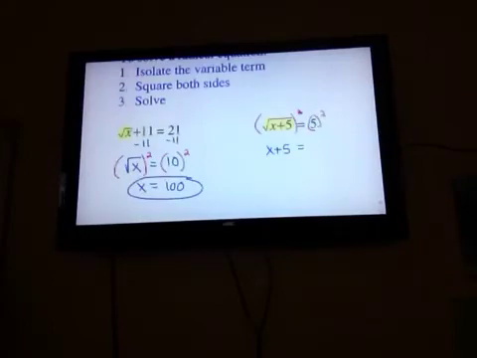And on the right side, 5 squared, 5 times 5 is 25. And then I solve for x. On this one, x is not by itself after I did that, like the last one. So I'm going to minus 5. And x equals 20. It's just solving. You're solving for the value of x.